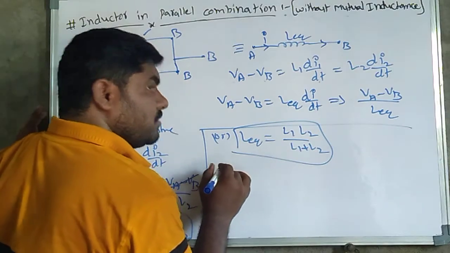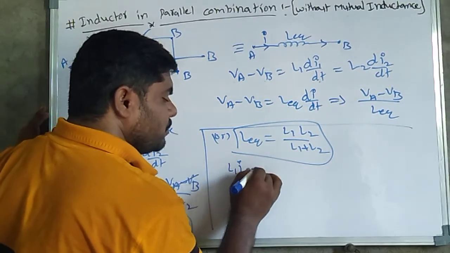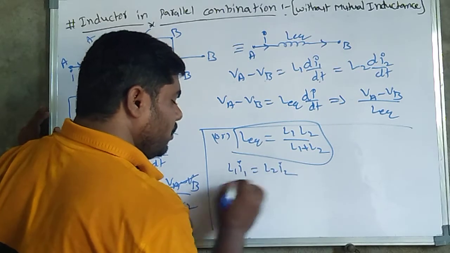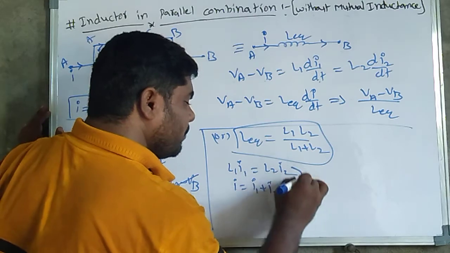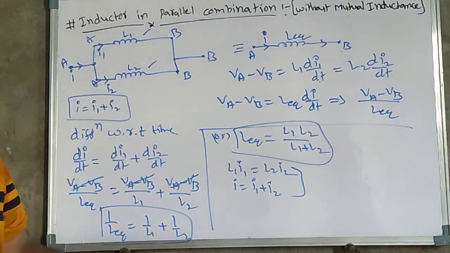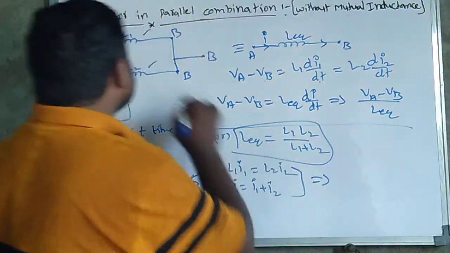Here the flux should be equal, so with the same condition L1 I1 is equal to L2 I2, and I is equal to I1 plus I2. From these two equations you can simplify to get the individual currents.